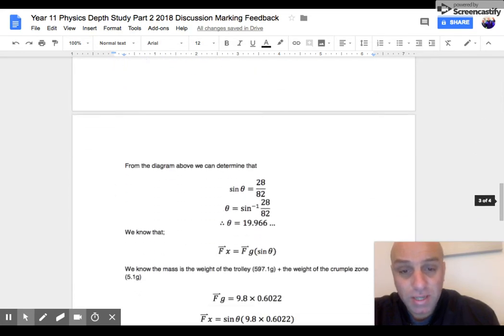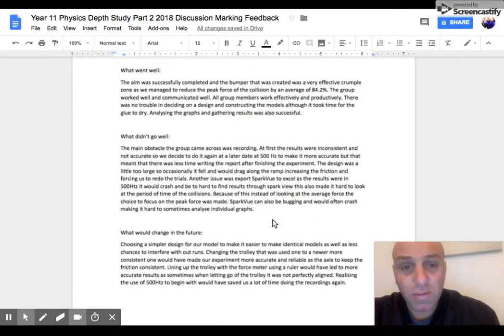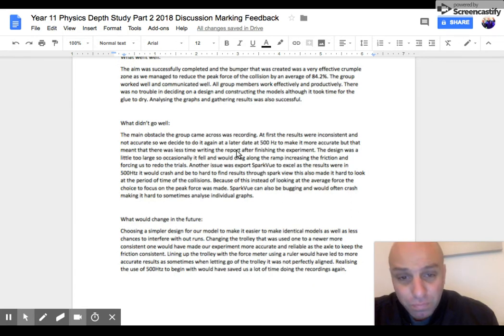So I've got an exemplar down here of that. You'll notice here, what went well: the aim was completed, bumper was created with an effective crumple zone, and he's addressed that it's effective because he said it reduced the peak force by an average of 84%. That's the sort of discourse that's required here. What didn't go well?